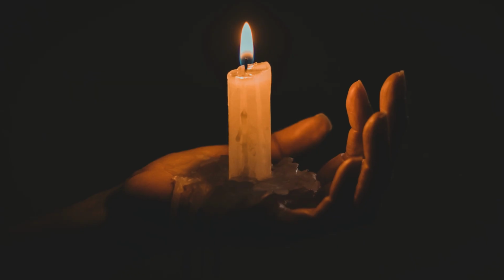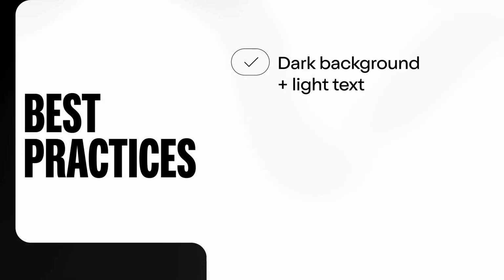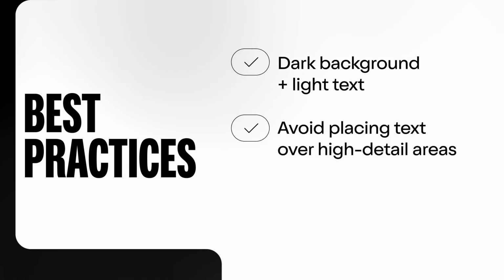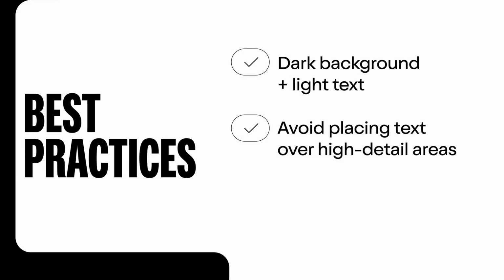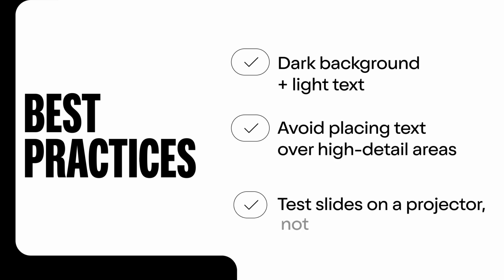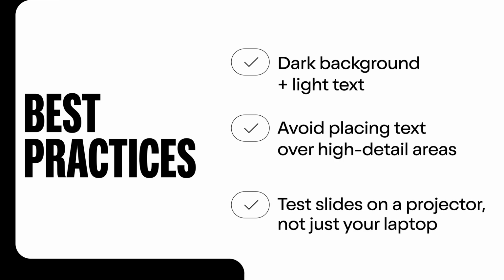A single bright subject in a dark frame. A spotlight effect that draws the eye. Best practices: dark background plus light text or vice versa. Avoid placing text over high detail areas. Test slides on a projector, not just your laptop. If it's hard to read from the back of the room, it's not done.